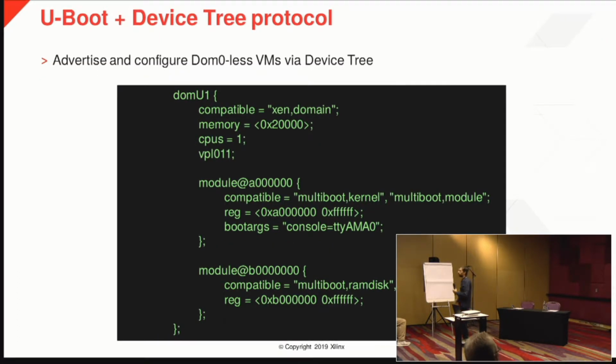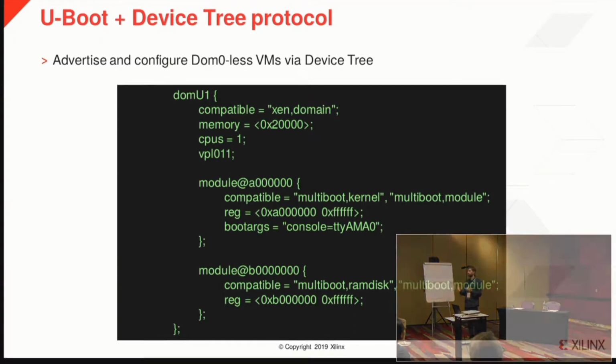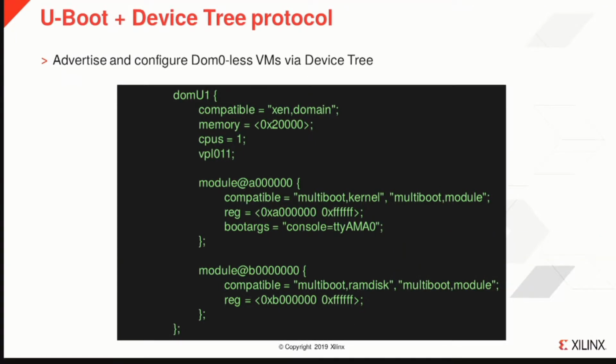This is new. There are already a few Xen configuration parameters in the device tree under the chosen node, the same way there are Linux configuration parameters under the chosen node. I just extended this protocol, this device tree binding, to support more information, specifically the information about the additional VMs, in the example from before, the yellow and purple VM. Why?